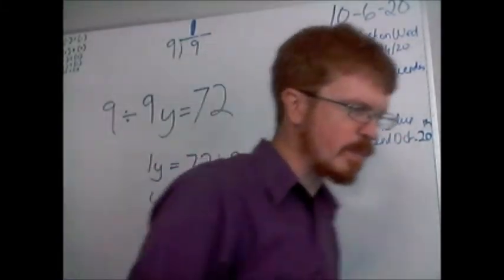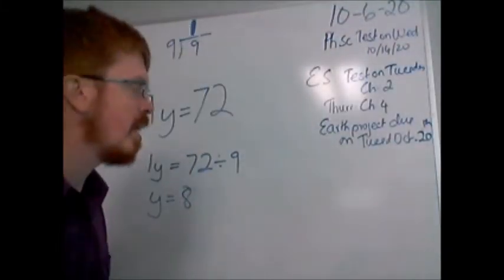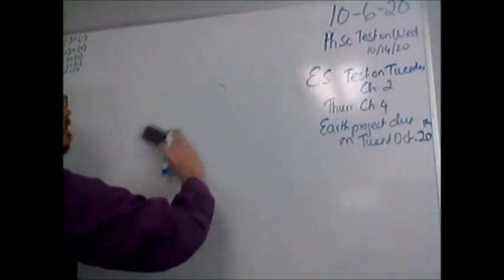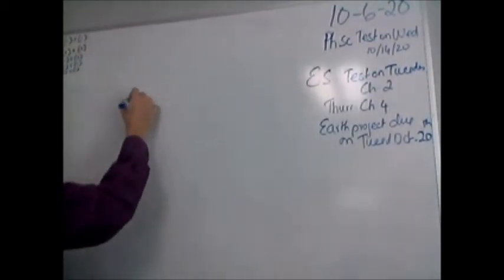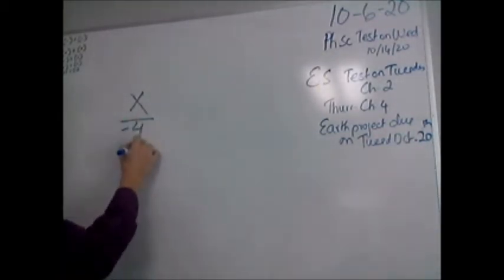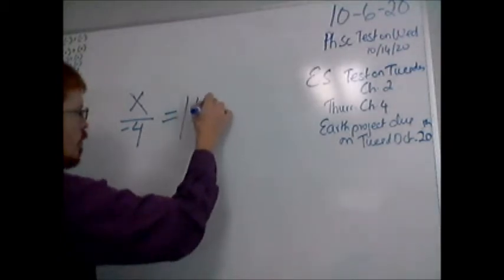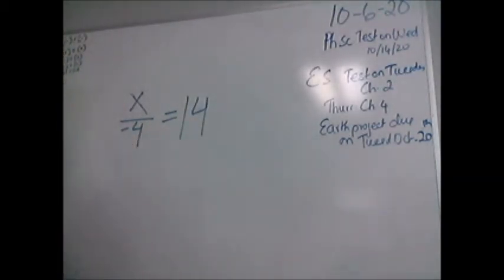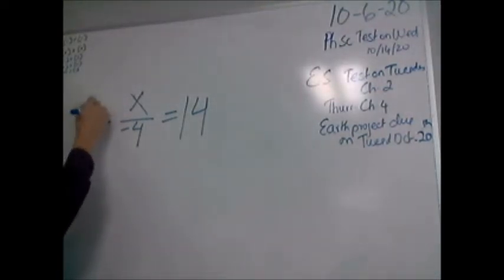Or take one of the examples they showed us earlier, x over negative 4 equals 14. Let's look at that. It's being divided here, so we multiply. You multiply by negative 4.